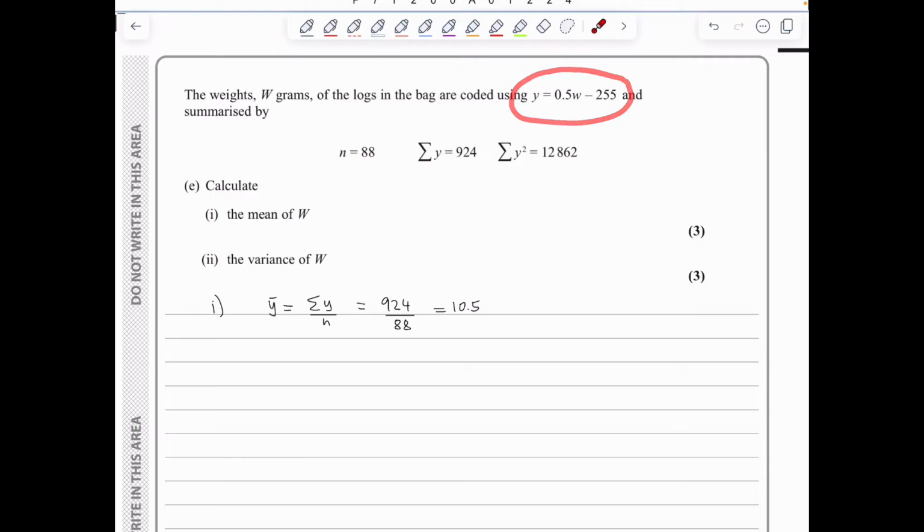So we've got that Y bar is 0.5 W bar minus 255. So 10.5 is 0.5 W bar minus 255, which leads to 265.5 is 0.5 W bar, and therefore we get that 531 is the mean of W, the W bar.